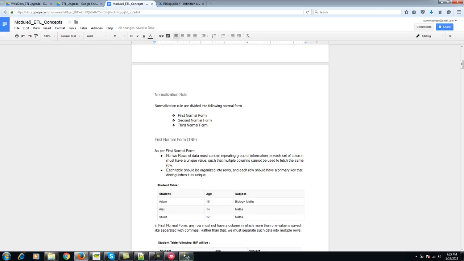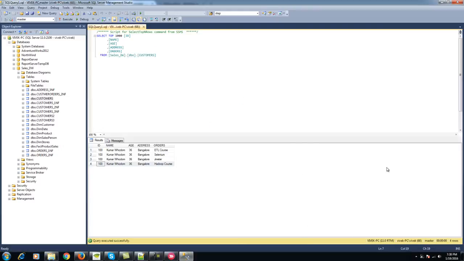One second, guys. Let's see how I convert this into a first normal form. The first normal form has two properties. First, it needs to have a primary key, which is not available since this table is not in first normal form.